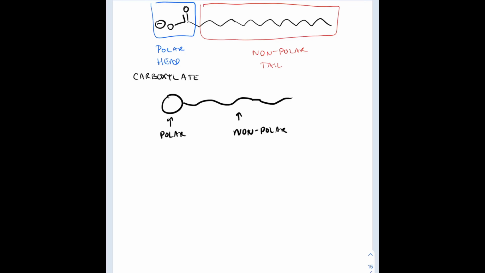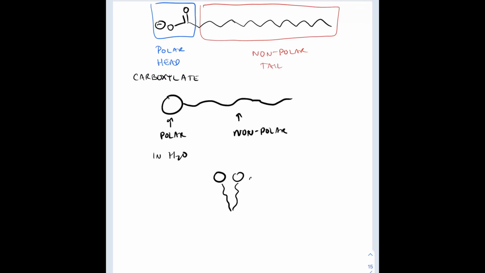Okay. Now, what happens is, in the presence of water, since they have that non-polar tail, the non-polar tail is hydrophobic, right? So it's scared of water and it runs away. And so what happens is you have all of these guys orient themselves as follows. Here, let me do this.